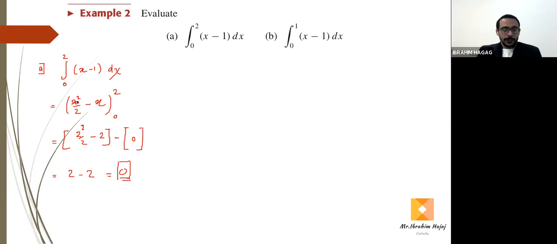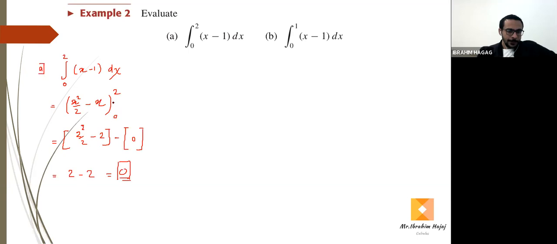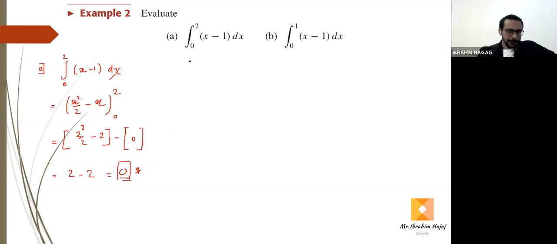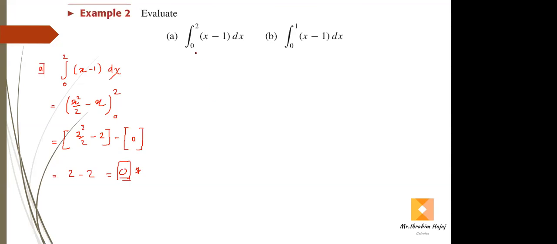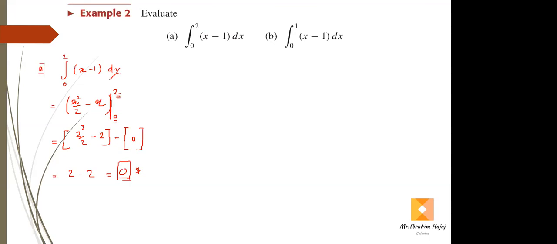We have x squared over 2 minus x. 2 squared is 4 over 2, which is 2, minus 2, which is 0. Okay, here also 0, Mr. Yes, why 0? Something is not correct in this question. It seems you forgot the square, there is a square on the minute. You expanded the bracket. It is not a power of 2. So surely the area is not 0 between 0 and 2.